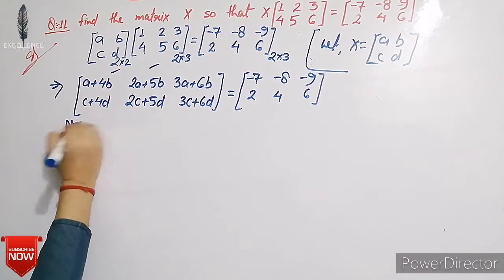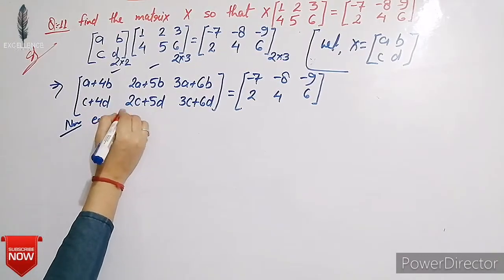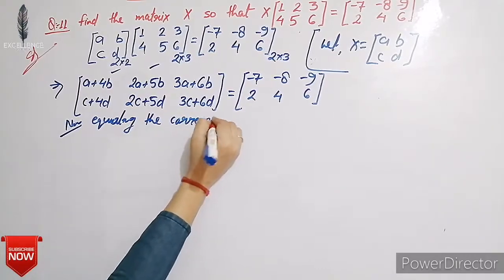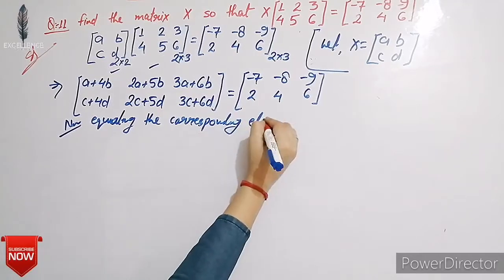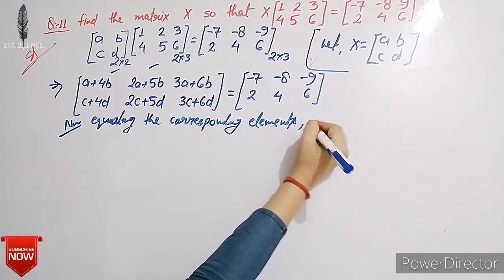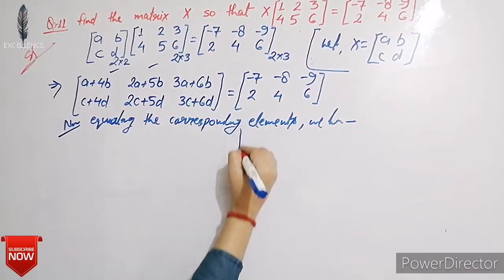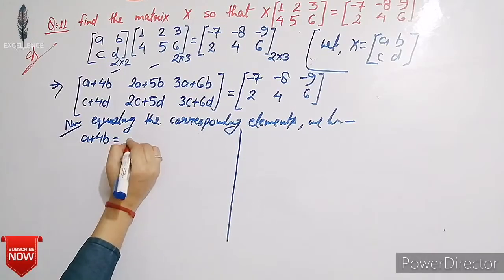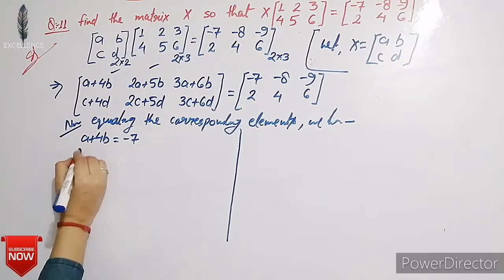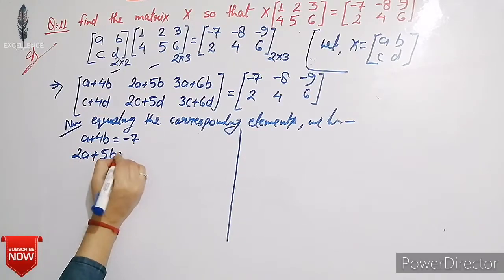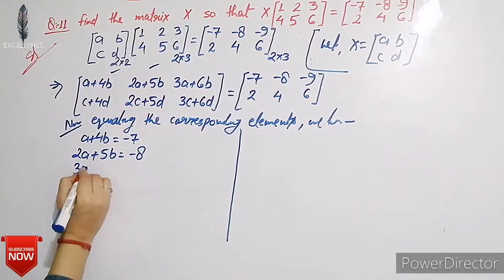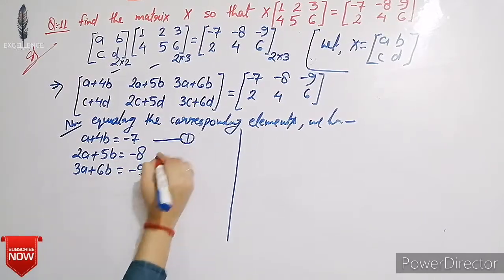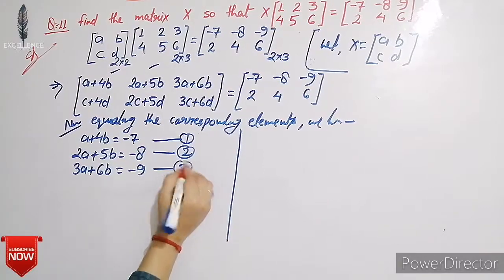Now simply equating the corresponding elements of the first and second rows, from the first row we get A plus 4B equals minus 7, 2A plus 5B equals minus 8, and 3A plus 6B equals minus 9, as equations 1, 2, 3 respectively.